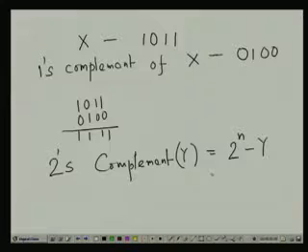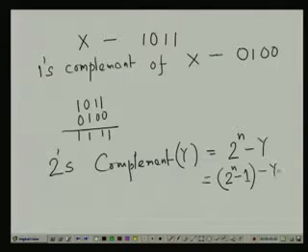So, we can write that as 2 to the power n minus 1 minus y plus 1.